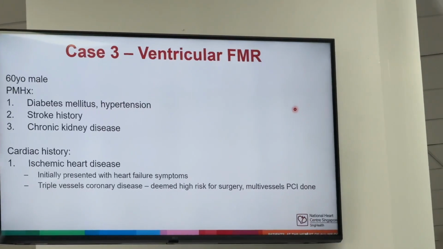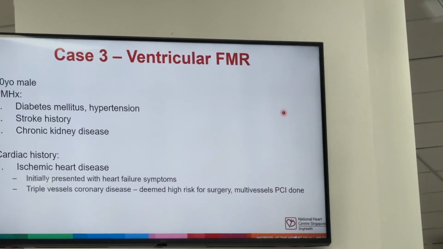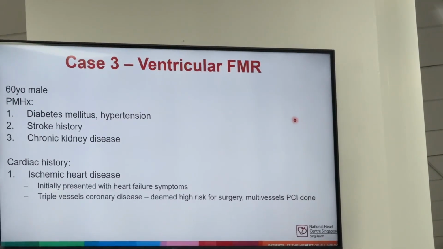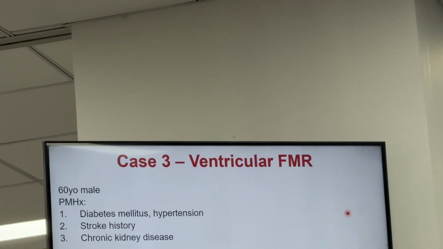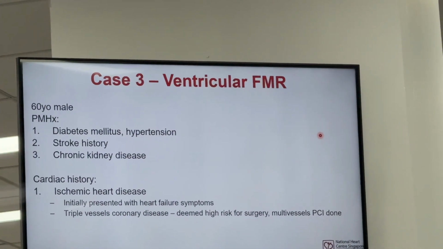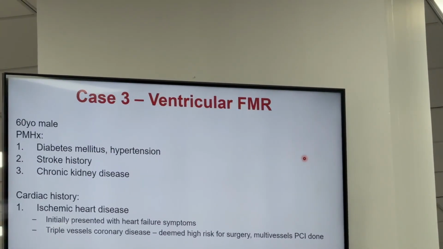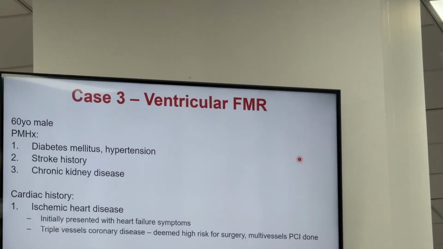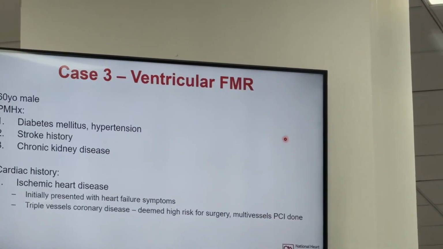Okay, this is the next case, which is a ventricular functional mitral regurgitation. Less common, but I'm sure that this is also present in some of the pediatric populations, especially those with cardiomyopathy. This is an elderly gentleman again, 60 years old, with diabetes, hypertension, a previous stroke, and chronic kidney disease.